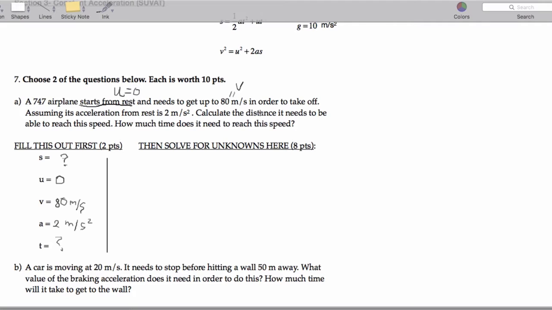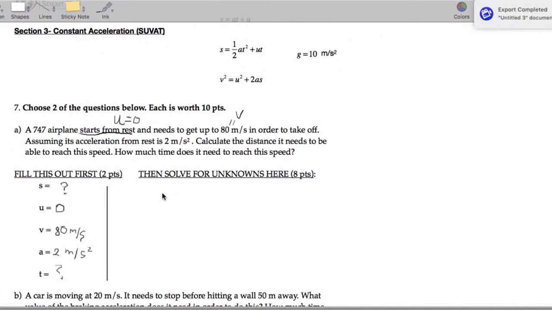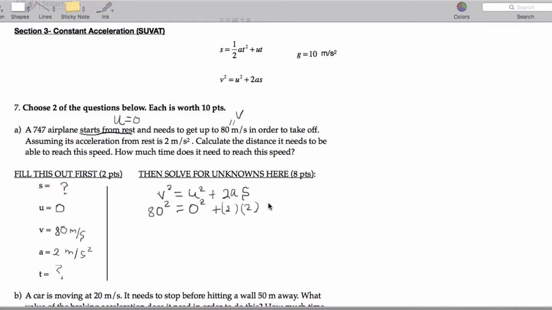So it says calculate the distance it needs to reach the speed. Let's go ahead and see what we can do. I don't have the time yet, so I'm going to use the equation that doesn't have time in it. So v squared is u squared plus 2 times a times s. That's 80 squared equals 0 squared plus 2 times 2 times s.